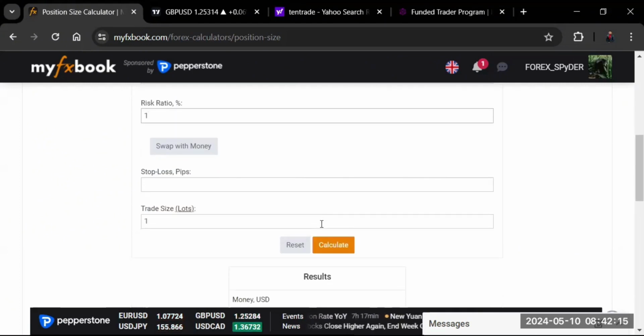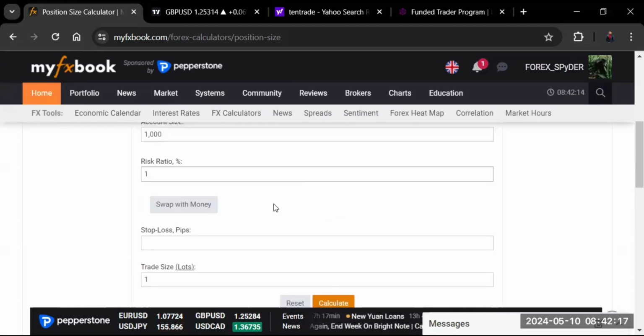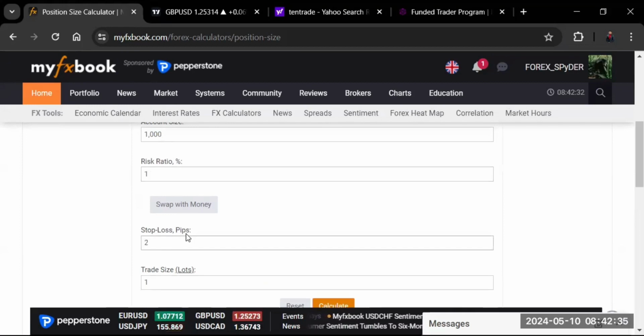Okay, then guys, you need to know your stop loss, the amount of your stop loss, either in pips or in the number of your stop loss. Whichever one. Let's say for instance, if the stop loss is 20 pips, you're going to type 20 pips right here. So if you don't know how to calculate your stop loss or how to calculate your pips in terms of stop loss and all this, I have the video on my channel.